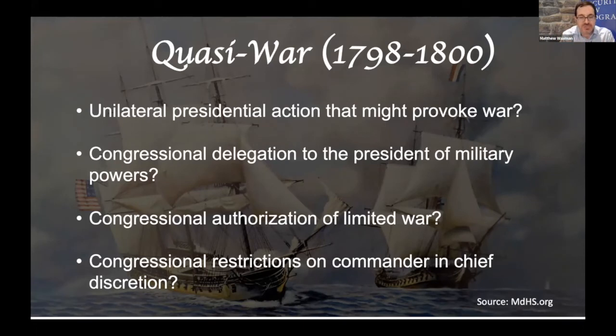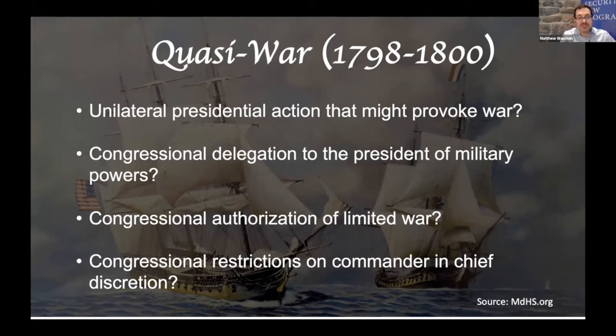We'll talk in lecture 3 about how much or how little we can usefully draw from that Supreme Court case. Again, though, I think this early conflict is important for beginning to fill in some of the details about war powers that are not clear in the text.